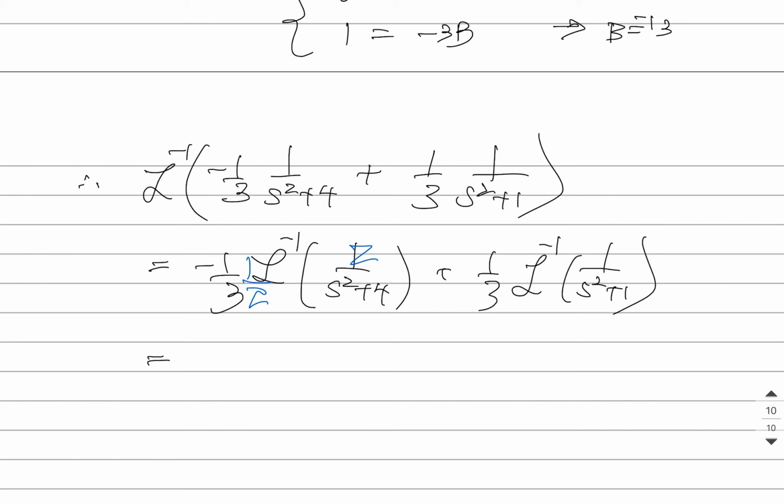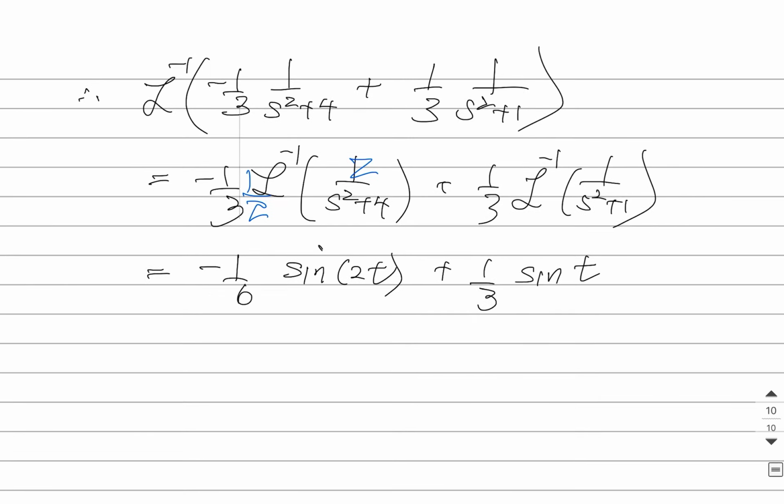So you'll need to put the 2 upstairs and then a 2 downstairs. So this will end up giving you negative 1/6 sine of 2t plus 1/3 sine of t. And this right here is your impulse response. We can call this g of t.